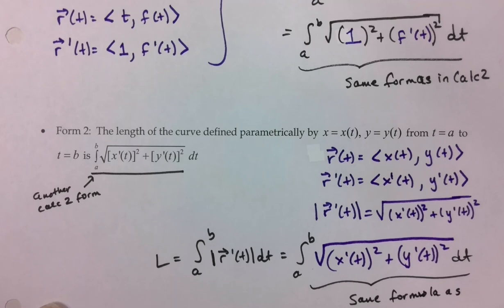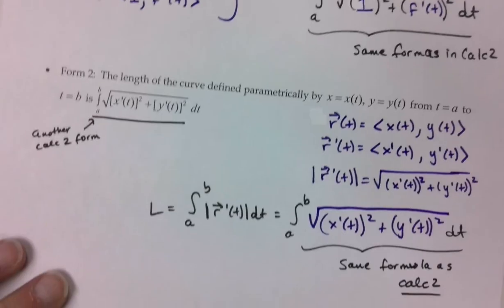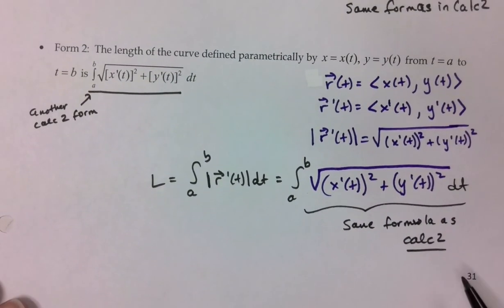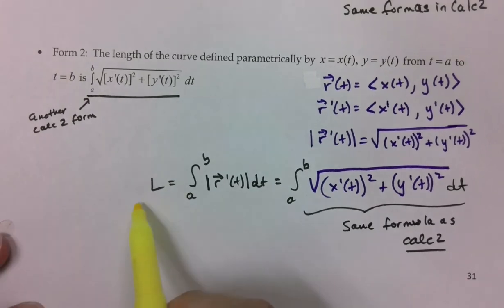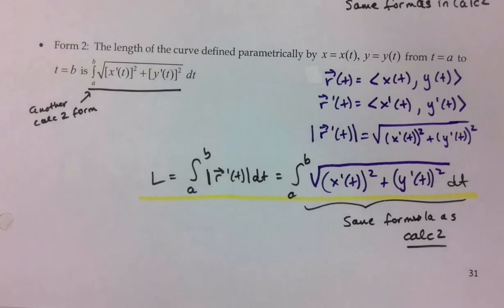So it all works. So both the Calc 2 formulas that we learned are actually going to work for us in Calc 3. And as a matter of fact, this is another way to view that form up above.